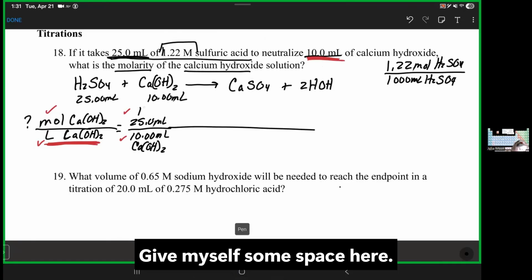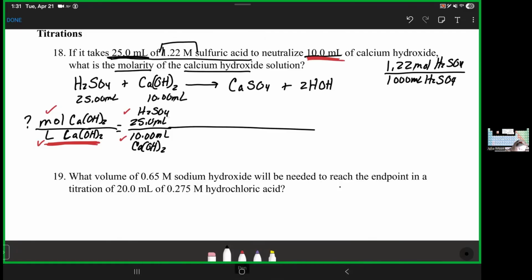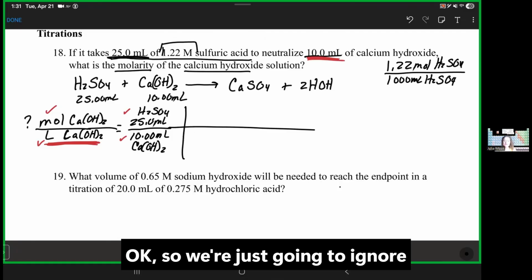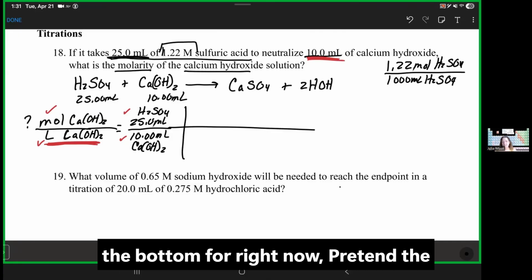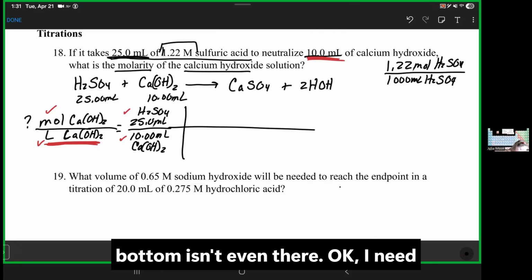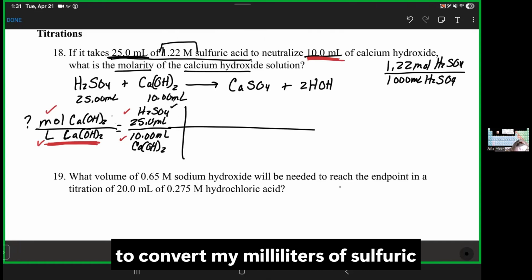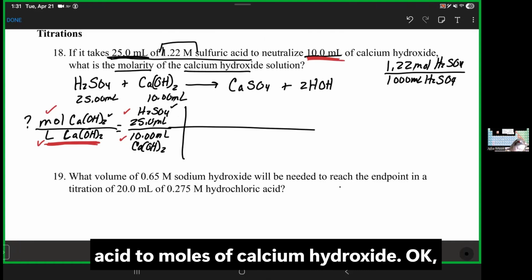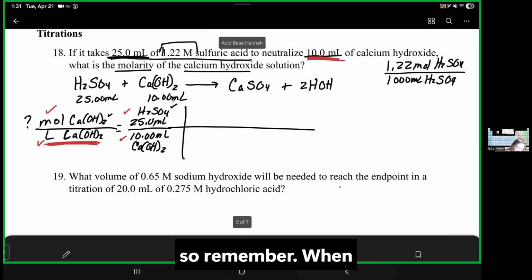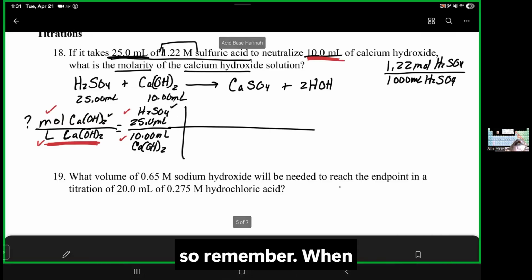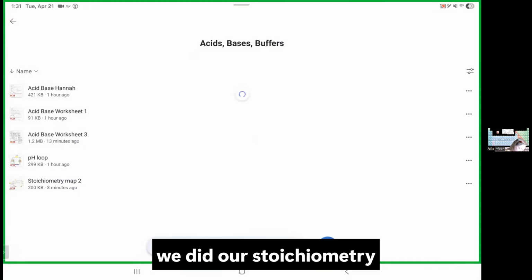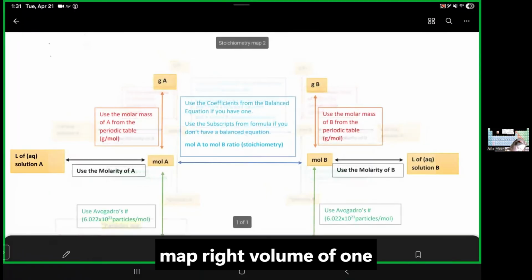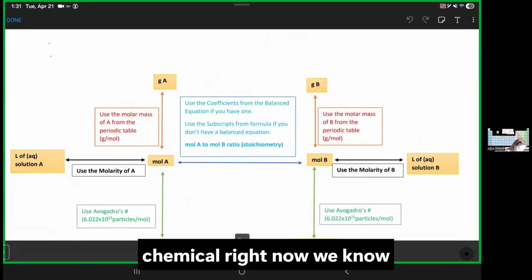Give myself some space here. Okay, so we're just going to ignore the bottom for right now. Pretend the bottom isn't even there. Okay, I need to convert my milliliters of sulfuric acid to moles of calcium hydroxide. Okay, so remember when we did our stoichiometry map, right?